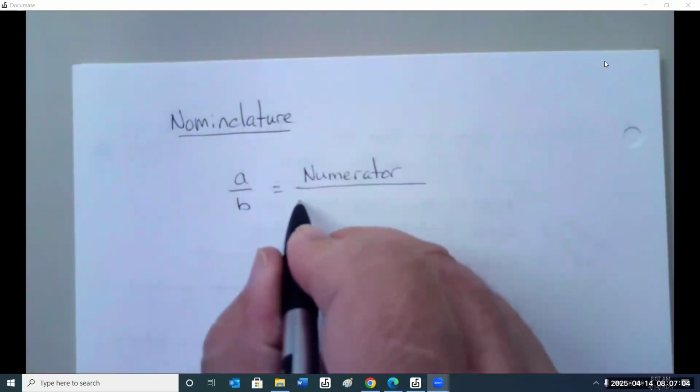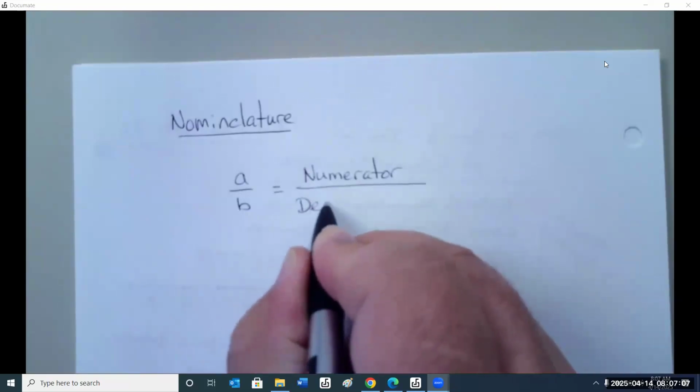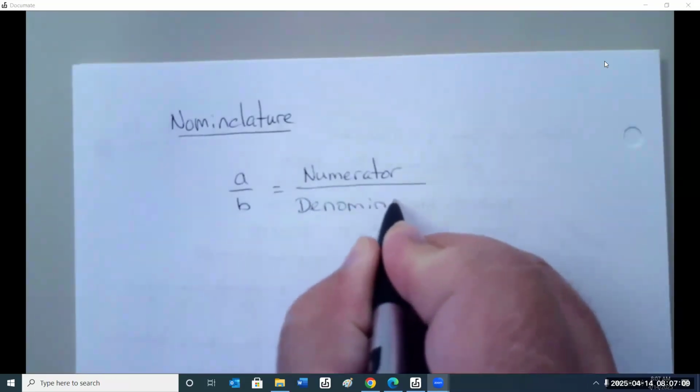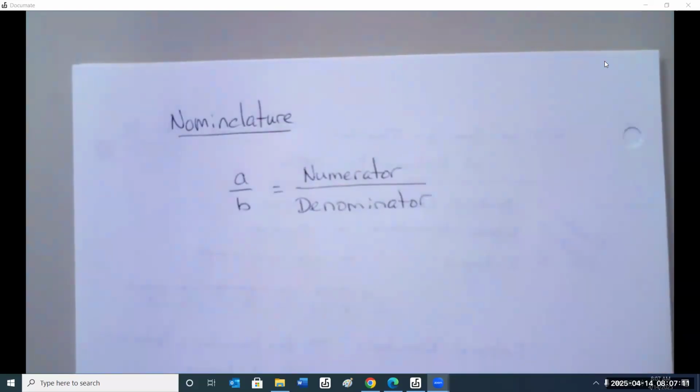The bottom number is called the denominator.